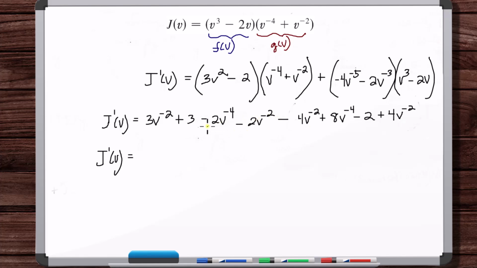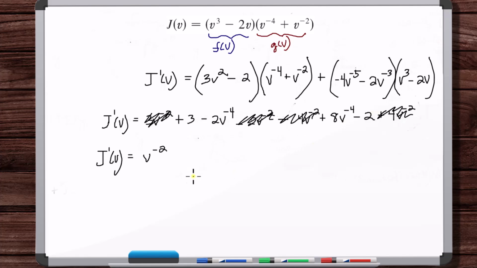So now let's combine like terms. We've got this 3v to the minus 2, this minus 4v to the minus 2, this 4v to the minus 2, and this minus 2v to the minus 2. So 3 minus 2 is 1. 1 minus 4 is minus 3. Minus 3 plus 4 is 1. So v to the minus 2. And these we're done with.